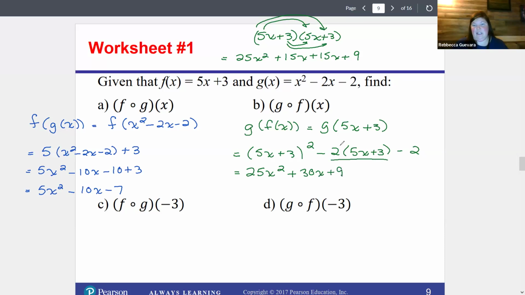So for this part right here, I just have to distribute that 2 across. So that's negative 10x minus 6 minus 2. Now if I combine like terms, I got 25x squared plus 20x. And let me see, we'll have negative 3 plus 1.